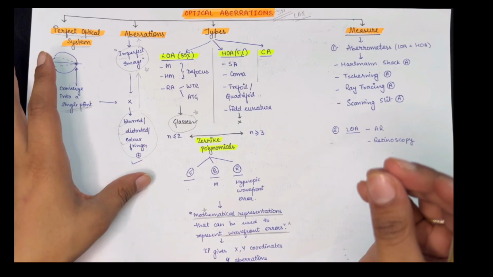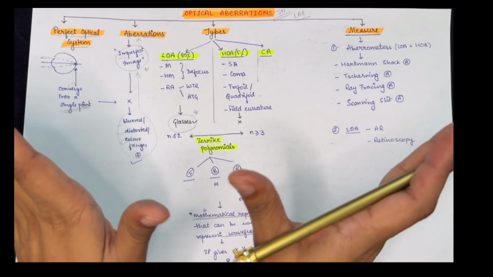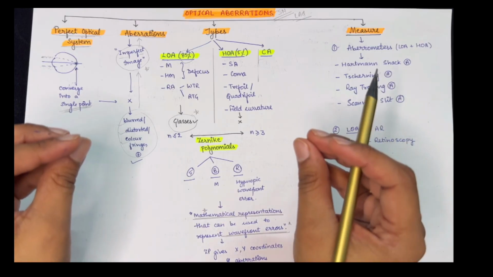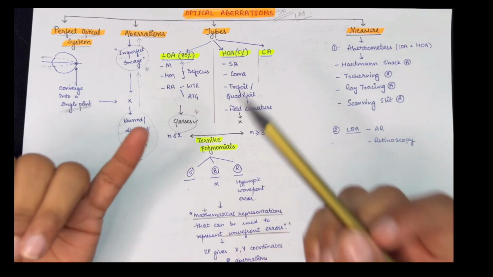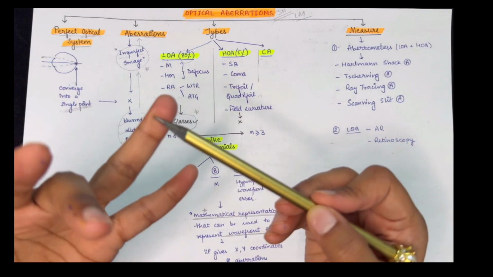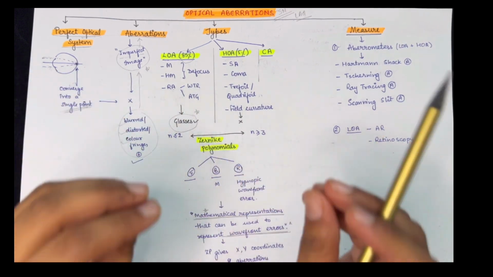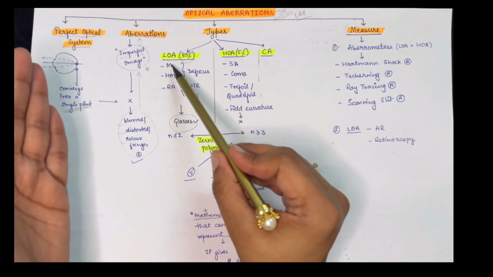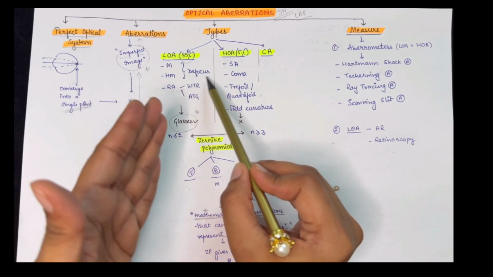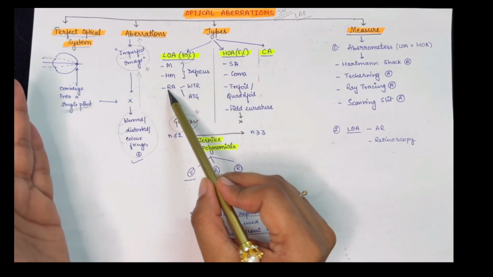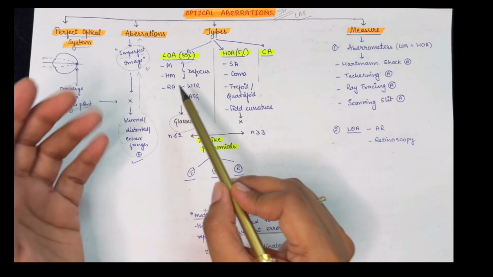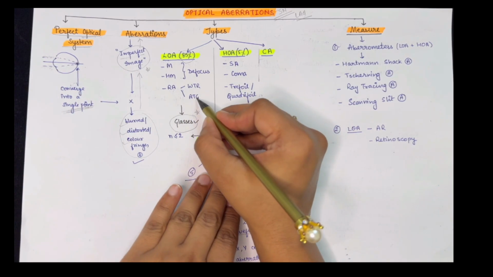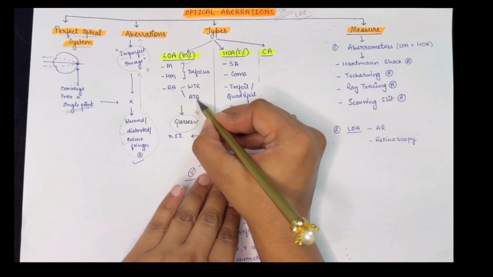Now what can be corrected with glasses? The patients who come to the OPD: in my OPD, 85 percent of patients come for glasses. So mostly they have either myopia, hypermetropia or regular astigmatism. So these are low order aberrations: myopia and hypermetropia, collectively called defocus, and regular astigmatism, which can be with the rule or against the rule.